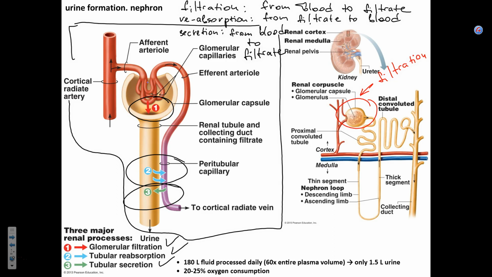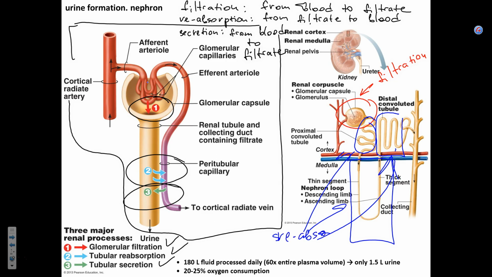Then you have proximal convoluted tubule, the nephron loop, and the distal convoluted tubule. The main processes that occur in these parts are reabsorption and mainly in the distal convoluted tubule, secretion.